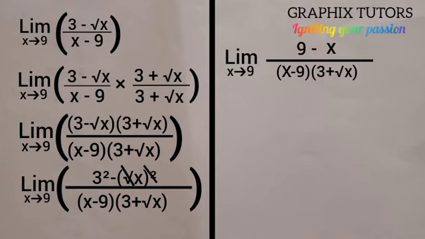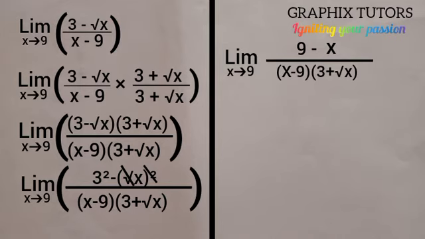What will you do? If I change the position, if I allow x to come before 9 and I want it to be x minus 9, I am going to bring a minus sign out. So I'm going to have minus in brackets x minus 9. And you'll be wondering, how come? Now let's see.